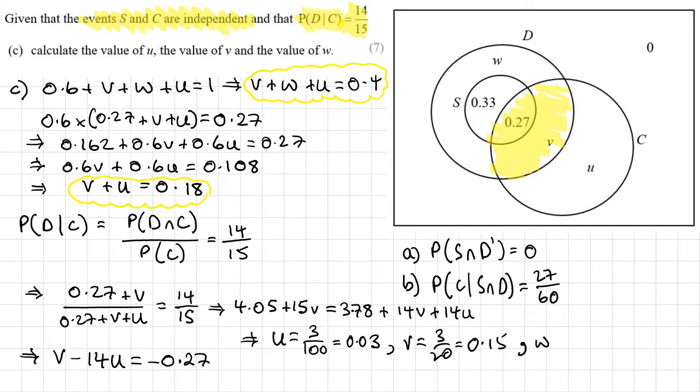And it gives me W equal to 11 over 50, which is 0.22. So those are my 3 answers. So yeah, I would just solve it on a calculator, especially as you have 3 unknowns. You could do it manually, but I think a calculator is probably a little bit quicker in this case.